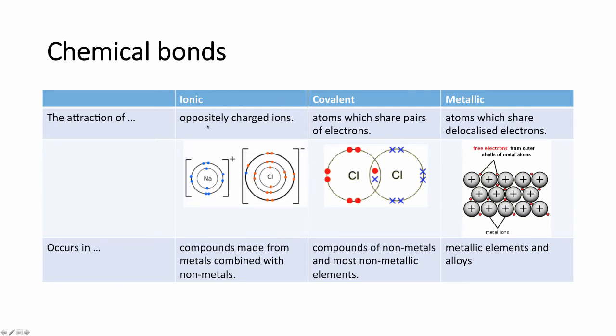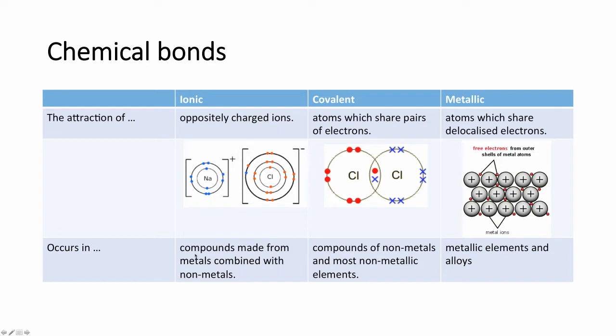So the first one we'll look at is ionic bonding. Ionic bonding is the attraction between oppositely charged ions. So typically we're looking at group 1, 2, 3 elements that form positive 1, 2, 3 ions respectively, and then also a non-metal, so it could be group 7, 6, 5, or it could be a polyatomic anion, that could be an anion, a negatively charged ion, made up of many atoms, for example a hydroxide ion or a nitrate ion.